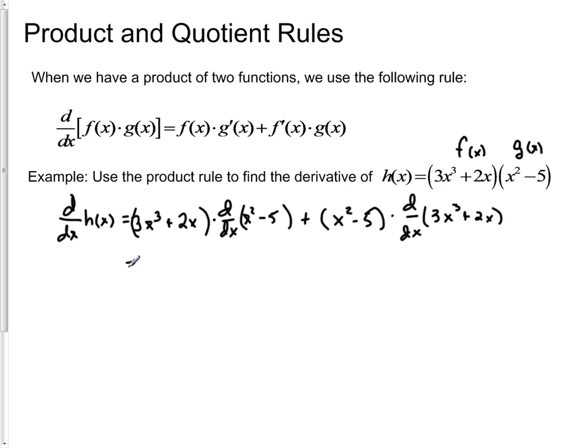So now when we work this out, here's what's going to happen. This is going to look like 3x cubed plus 2x times the derivative of x squared minus 5, which is just 2x. And added to that, we're going to have our other function, x squared minus 5, times the derivative of our first function, which is 3x cubed.